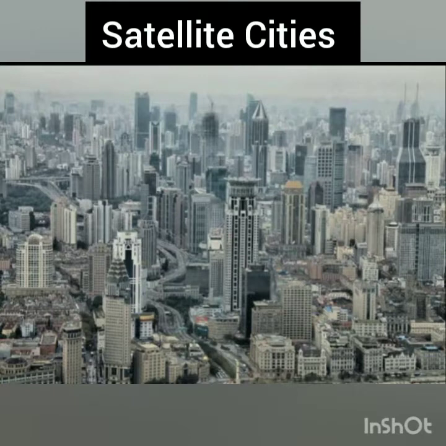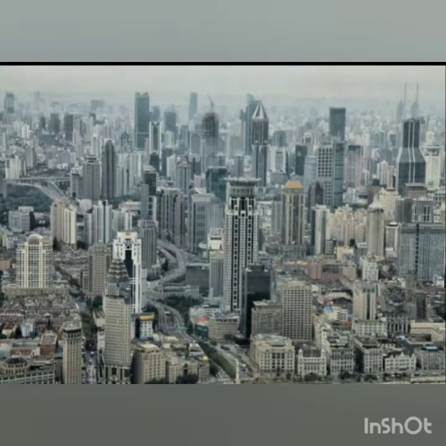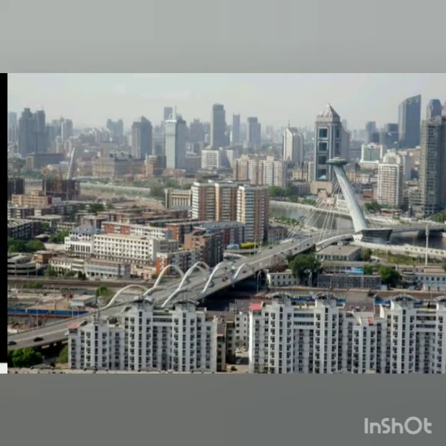Today, let's study about satellite cities. A metropolis, which is a capital or chief city of a country or region, is the largest and most important city of a region. Let's take the example of New Delhi.